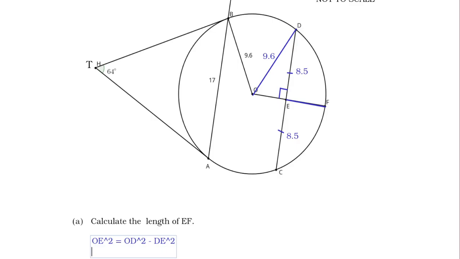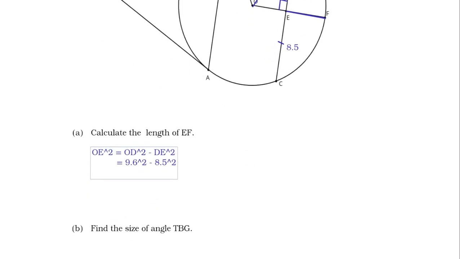From there, your OE squared is actually equal to 9.6 squared minus 8.5 squared. Now let's bring in our calculator to calculate this one.